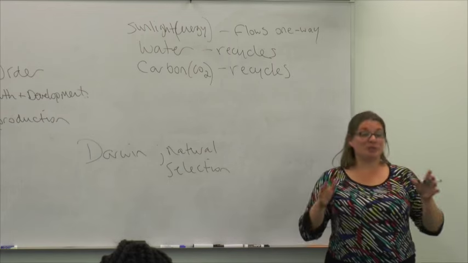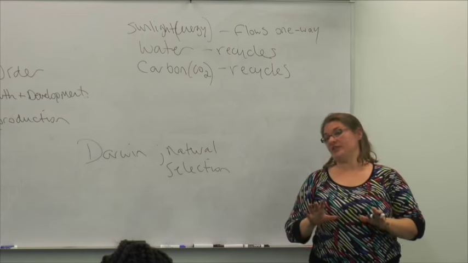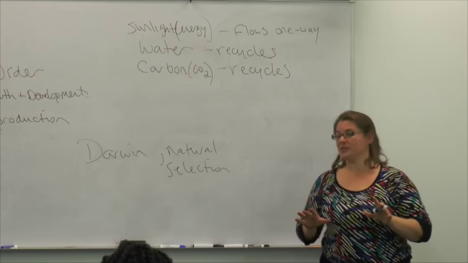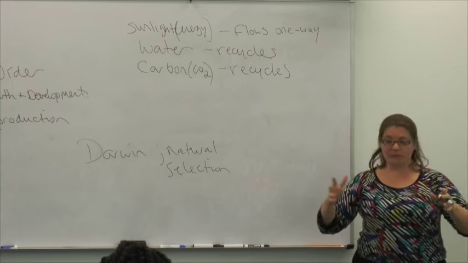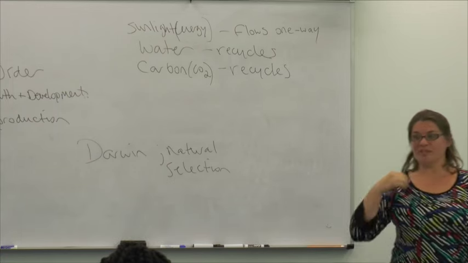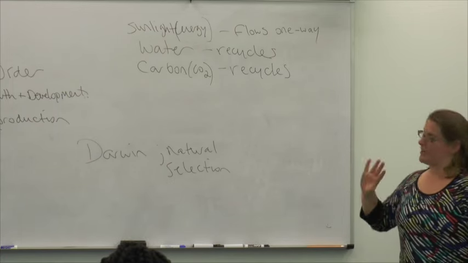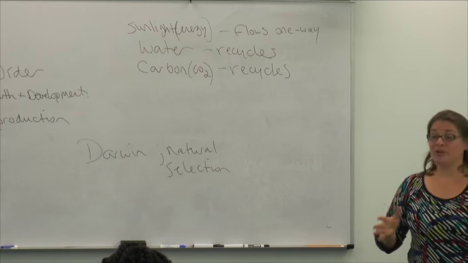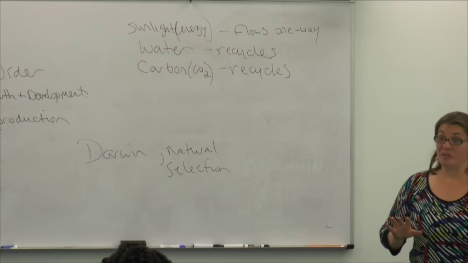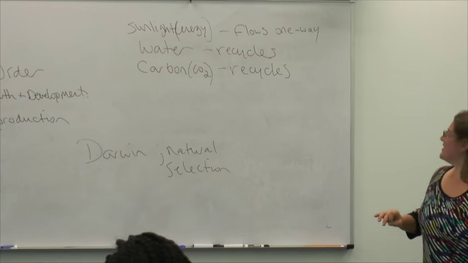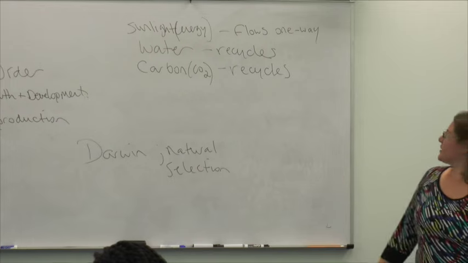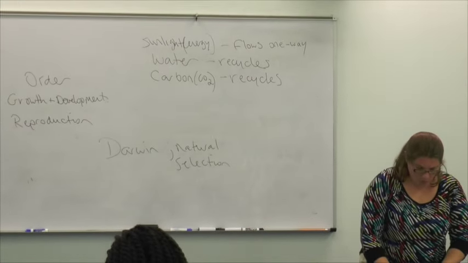But those who are in just bio, we hardly touched on this in chapter 1. But it is an important thing. When we have a regular term as opposed to a blended term, we have more time to get into all that. I do get into that a whole lot deeper in environmental science. So those are some of the things that recycle versus flows one way.